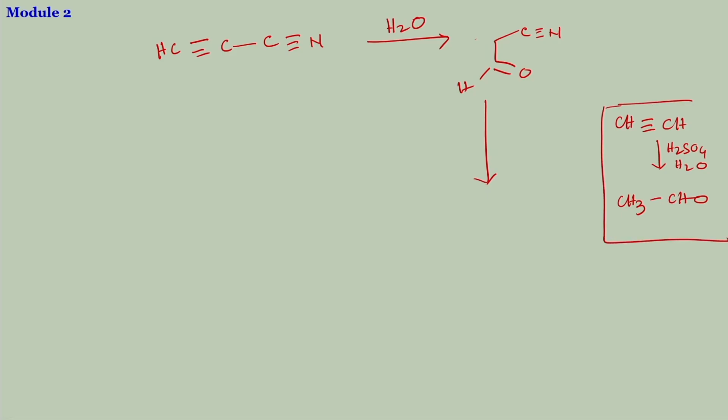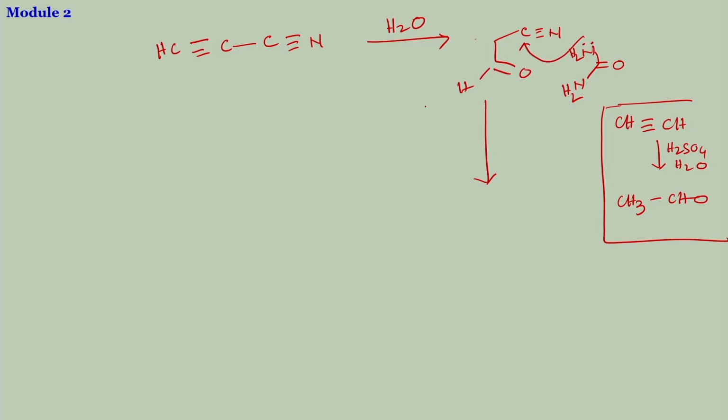And now if you react with urea, urea is a small molecule which is easy to synthesize or easily evolved from ammonia. Ammonia and carbon dioxide or carbon monoxide actually produce urea, that is also quite well known. So if you react with urea, then what will happen?